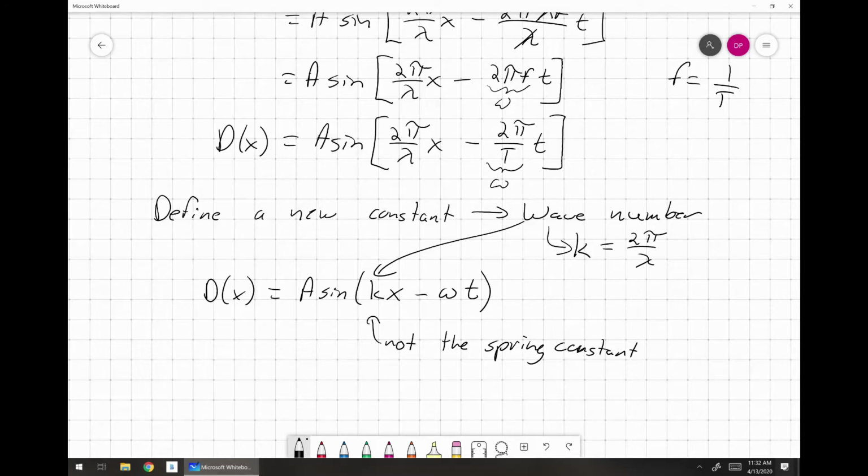Okay. So we can also describe a few things here. This k x minus omega t here, this is what we call the phase of the wave.